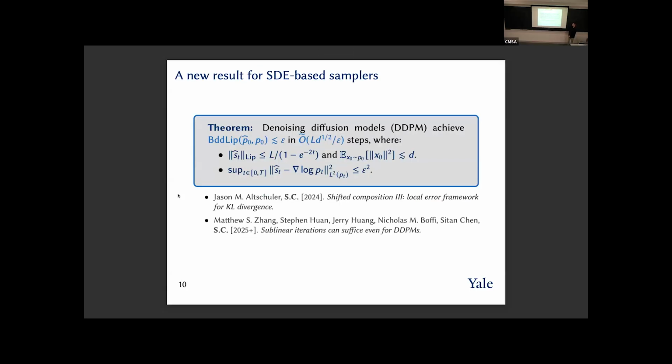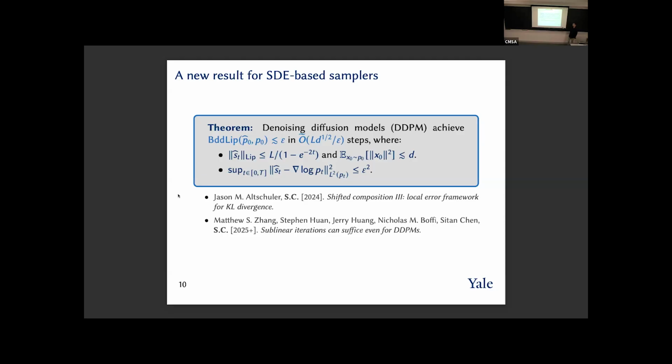Okay, so that brings me to a new result, which is a result for SDE samplers. We show that a discretization of the pure SDE can get error which, if you look at the dimension dependence, is also square root d. So this gives you sublinear dimension dependence for a pure SDE sampler.